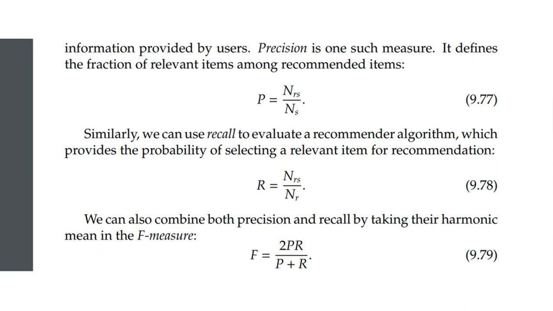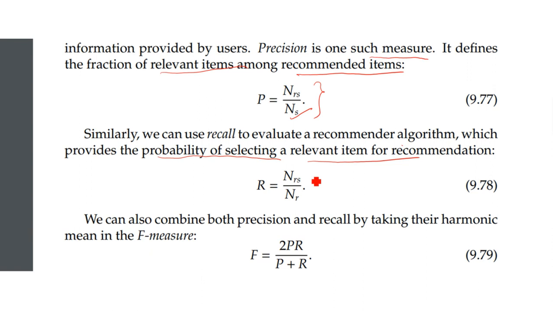So precision is one such measure. It defines the fraction of relevant items among the recommended items. So how many items are relevant among the recommended items? So P is equal to NRS by NS. Similarly, we can use recall to evaluate a recommender algorithm, which provides the probability of selecting a relevant item for recommendation.